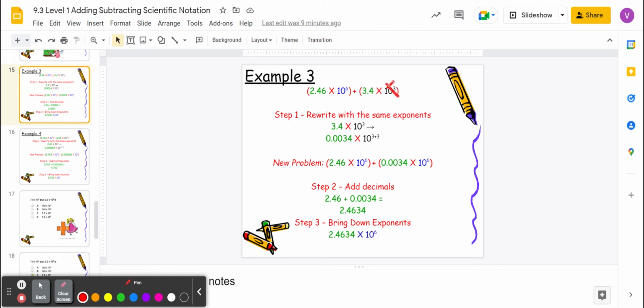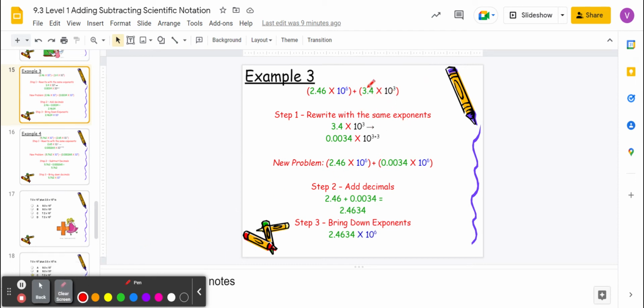In doing so, I'm adding 3 decimal places, not just 3 values, 3 decimal places. So if I move this over 3 decimal places to give me 10 to the 6th power, I have to move this 3 decimal places in the opposite direction. So this becomes 0.0034.